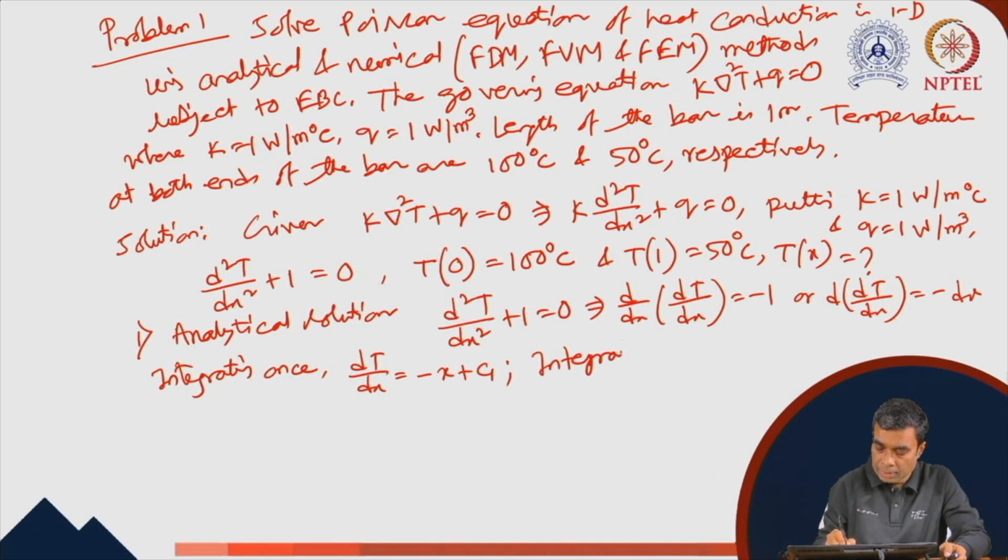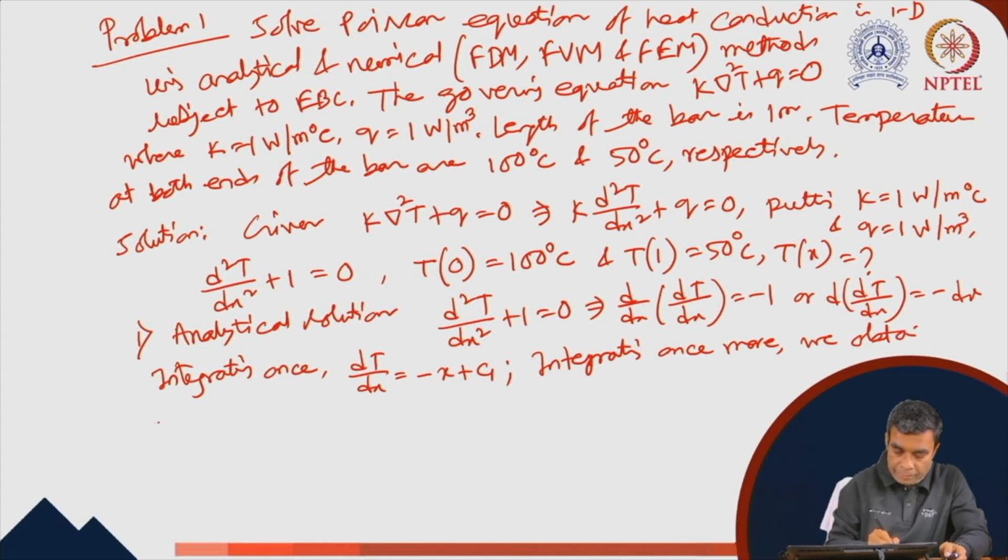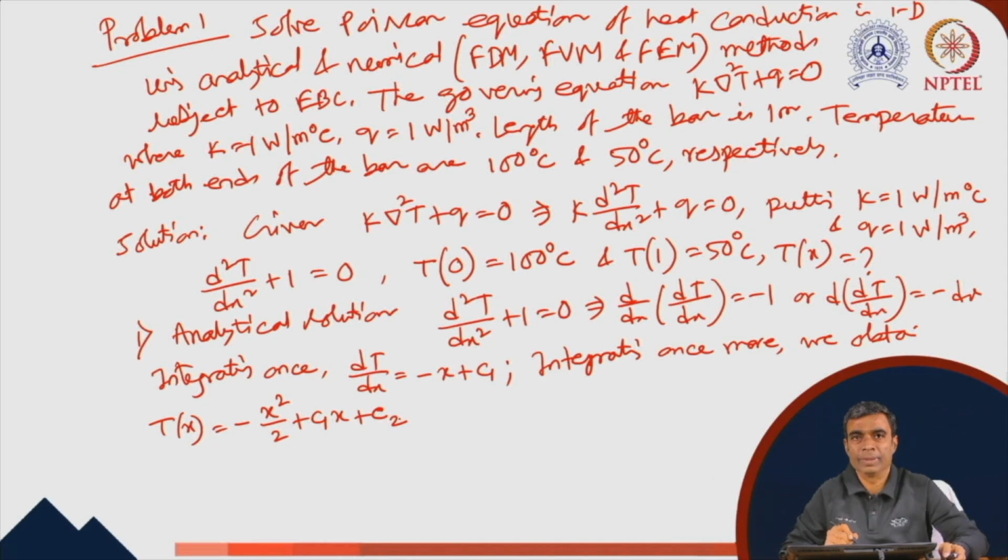Integrating once more, we obtain T(x) equals to minus x square by 2 plus c1x plus c2. So this is an expression of a parabola. This c1 and c2 are arbitrary integral constants. By using the boundary conditions for this boundary value problem, we will evaluate c1 and c2, and then we shall get the closed form exact solution for this particular problem.